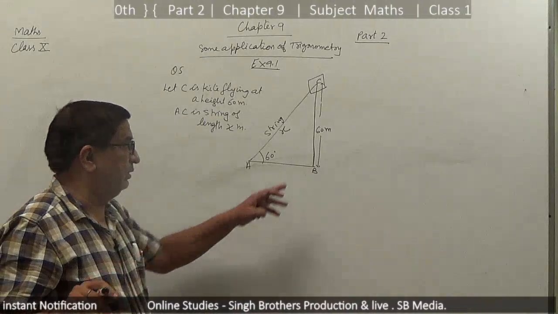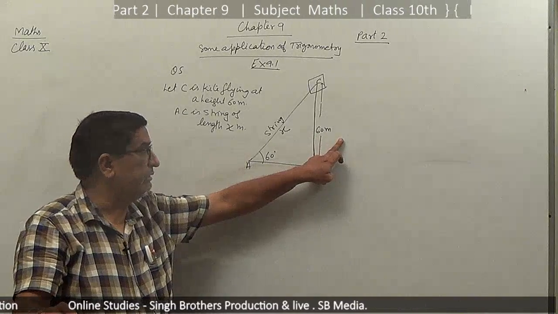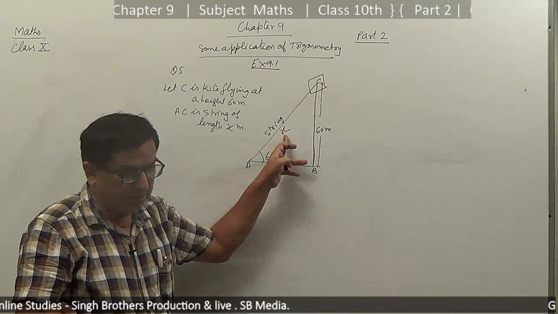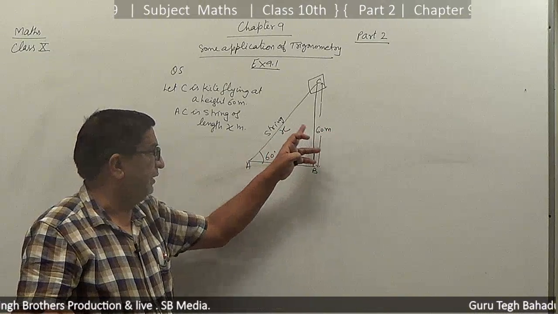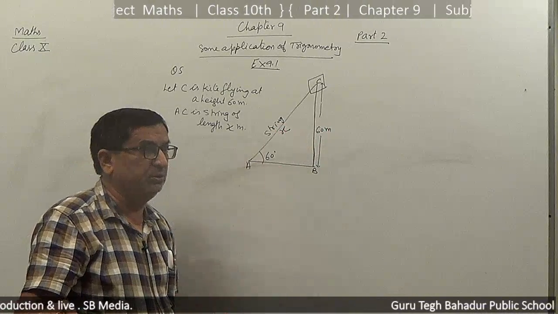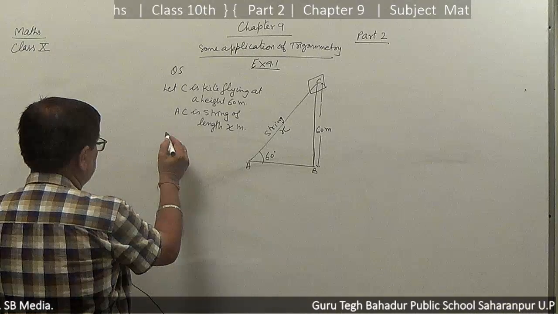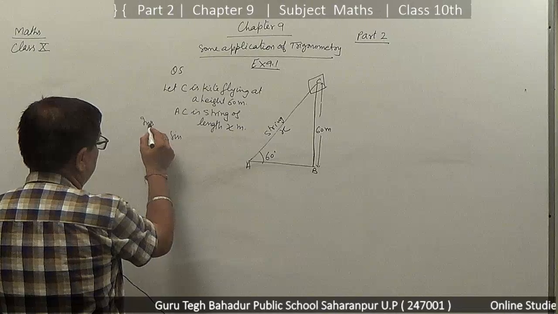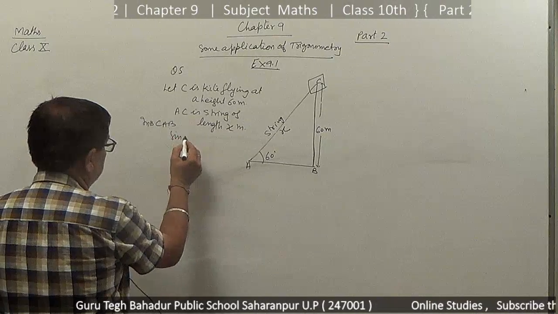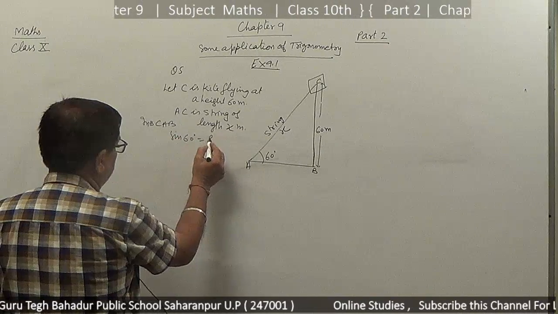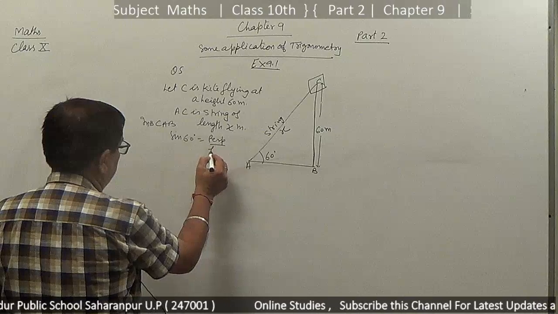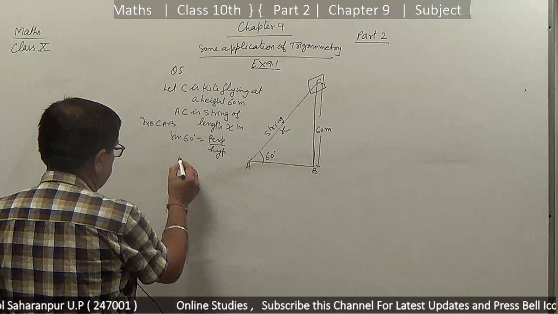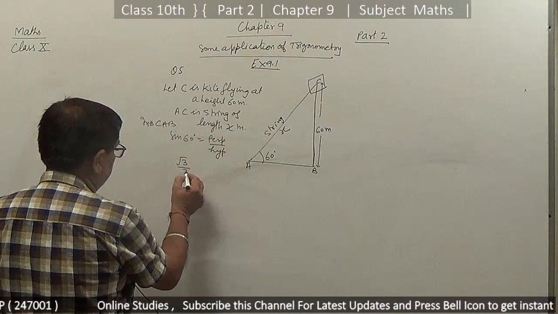So perpendicular is given to you, hypotenuse is to be calculated. Perpendicular and hypotenuse are used in sine. In triangle CAB, sine 60 is equal to perpendicular upon hypotenuse. Sine 60 is root 3 upon 2.